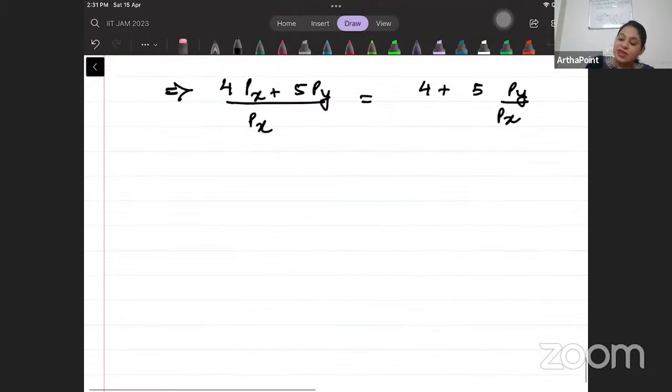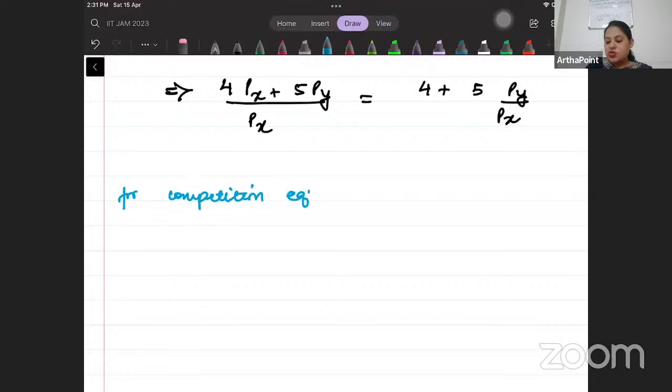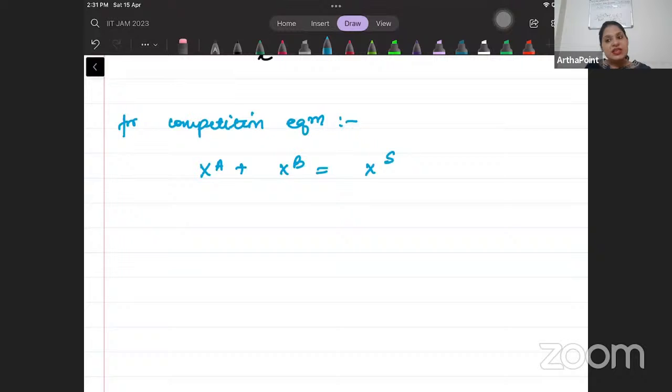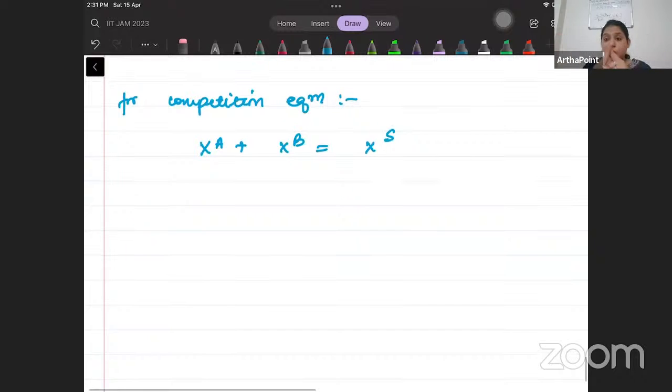Now what can we do? We can add the two together. For markets to clear, what is competitive equilibrium? Markets should clear. We want that demand of X should be equal to supply of X. How much X is available in total? 10 units; the Edgeworth box dimension was 10. So I have 10 units of good X available.